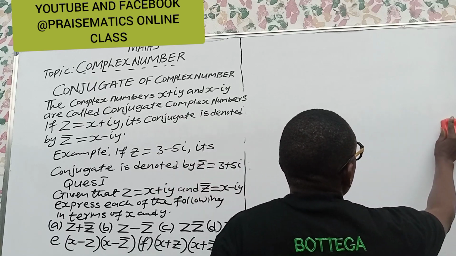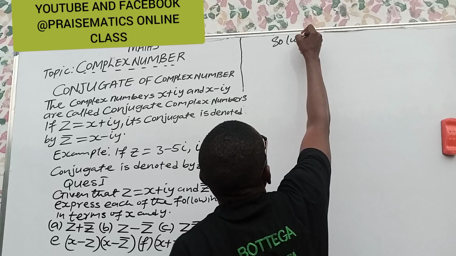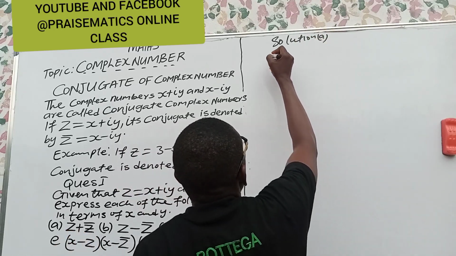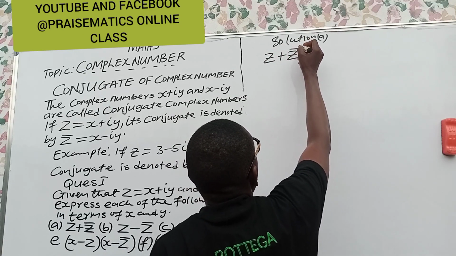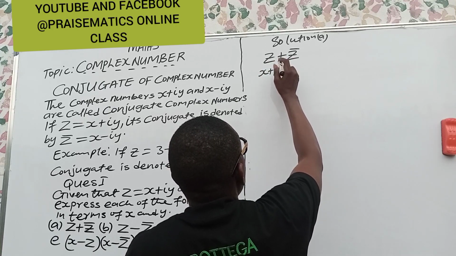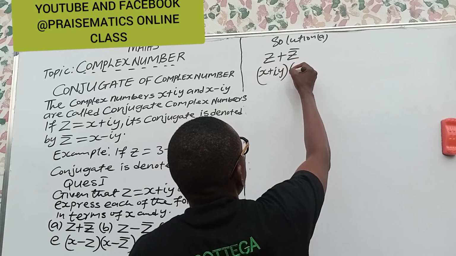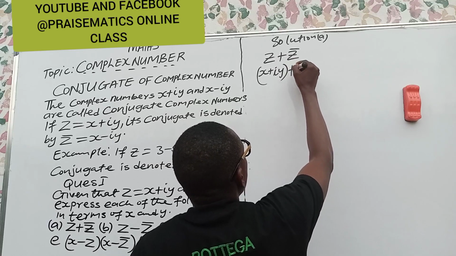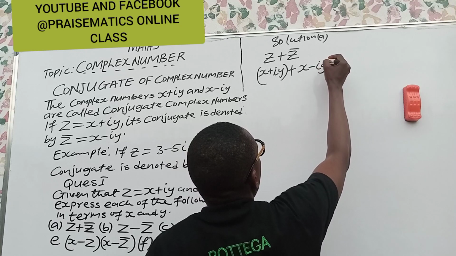Okay, solution. Solution A. That says z plus z bar. Now our z is equal to x plus iy, in brackets, plus, this is addition, plus x minus iy.